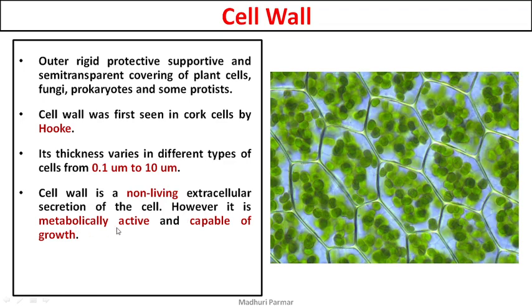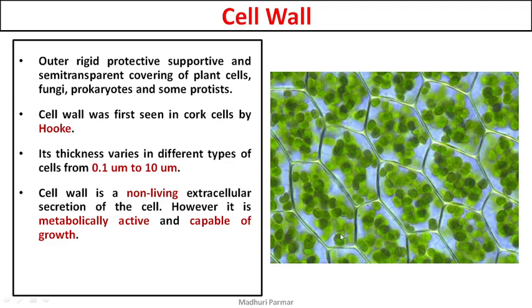However, it is metabolically active and capable of growth. You can see there is increase in cell wall deposition. Okay, the cell wall can become thinner or it can become thicker. Then it can grow, especially if you remember auxin. So in effects of auxin, you have studied cell elongation.